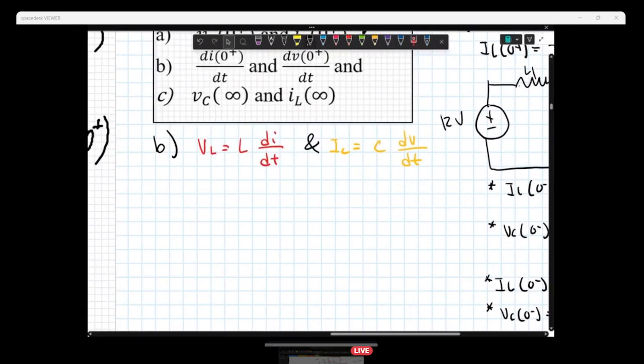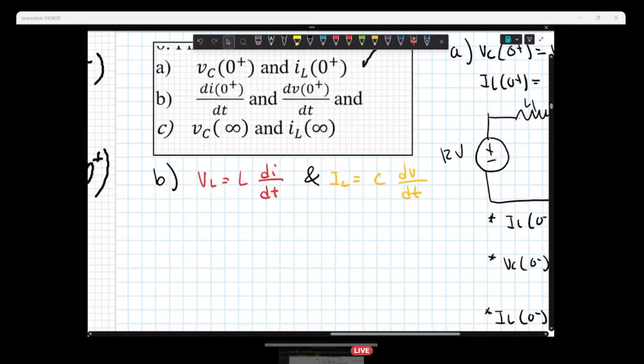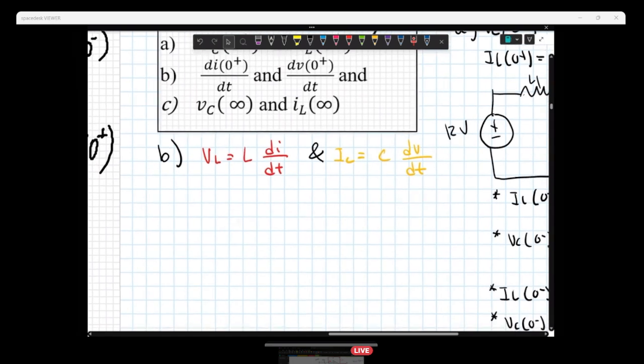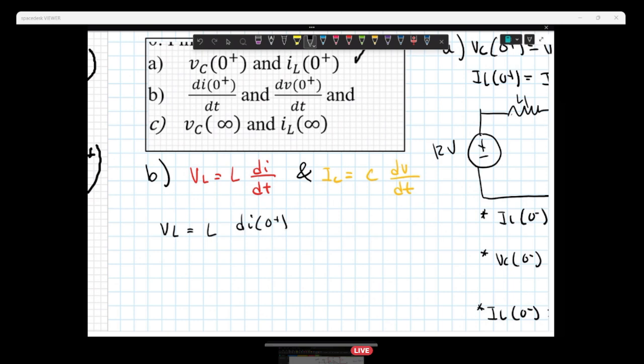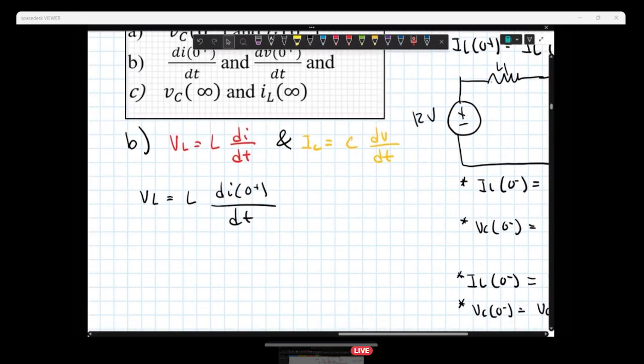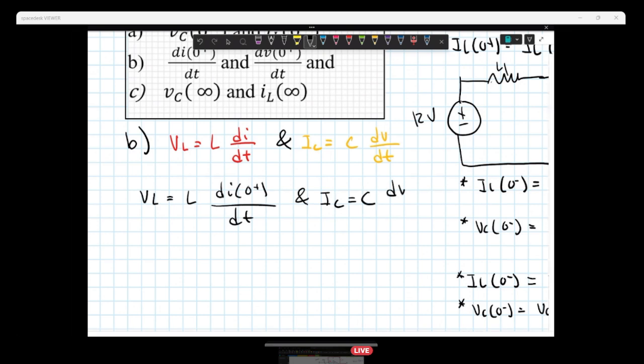The reason why we use this is because to find di at 0 plus, we'll just do this. So VL will equal L di(0 plus)/dt, and IC will equal C dV(0 plus)/dt.